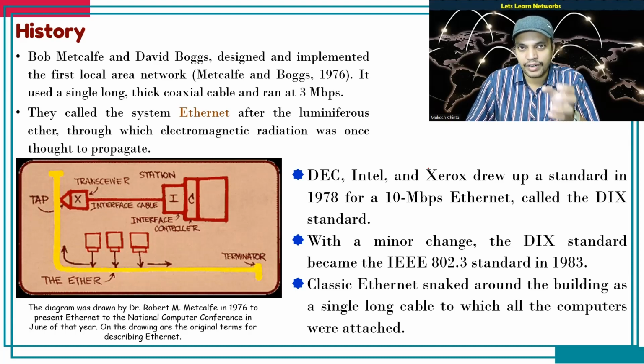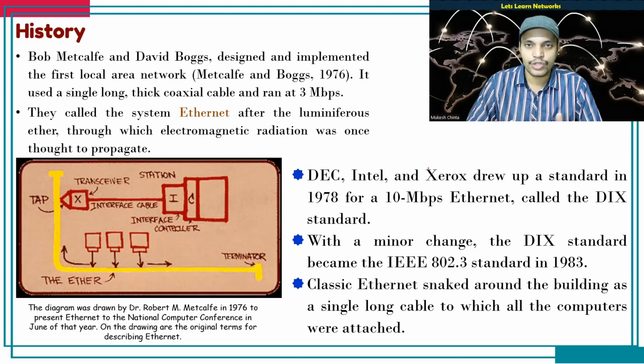But when IEEE came along, because of the publicity and wide usage of this frame format, they decided not to make many changes, and they adopted the same model with some minor changes. So with some minor changes, the DIX standard became the IEEE 802.3 standard in 1983.